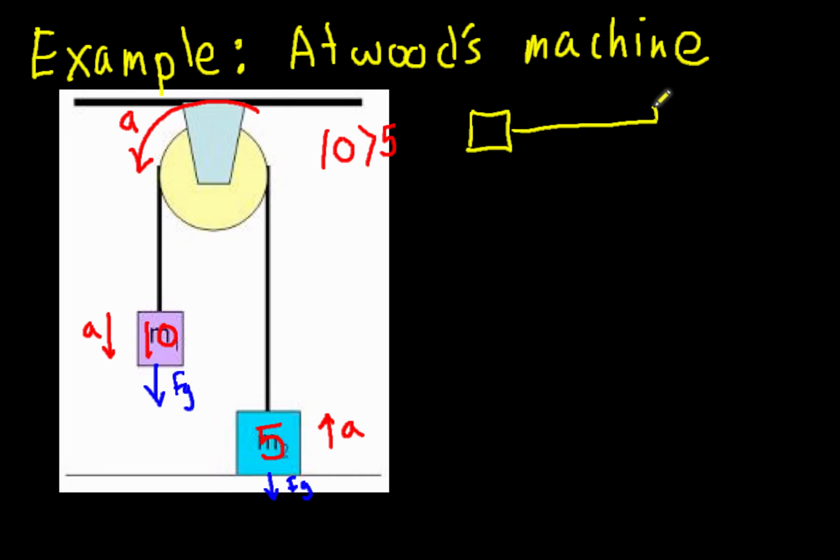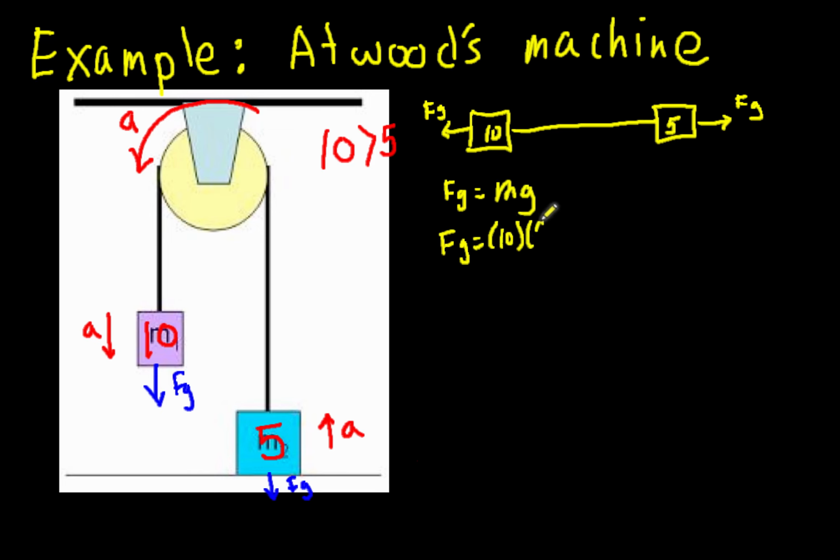But when we flatten out the system, the 5 kilogram mass is being pulled to the right by its force of gravity, and the 10 kilogram mass is being pulled to the left. I'm not going to put directions on these because we know that it's not actually left and right, it's both down, but for the purposes of your calculation, treat them like opposite directions.